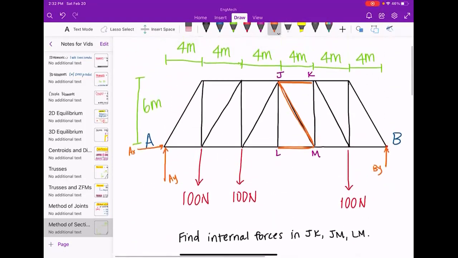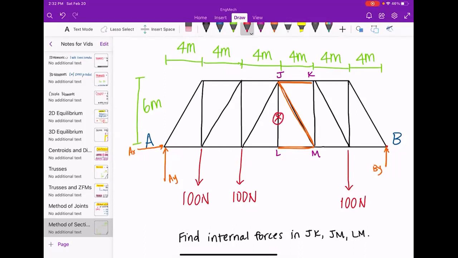So looking at this truss, remember the criteria for something to be a zero force member: you're looking at a joint, three members meet at that joint, two are collinear, one's not. There's no loads. The non-collinear one is a zero force member. So there's only one member in this bridge that fits that criteria, and that is right here.